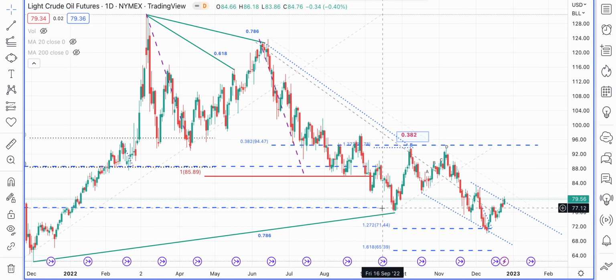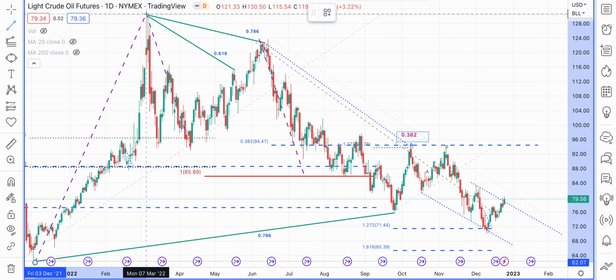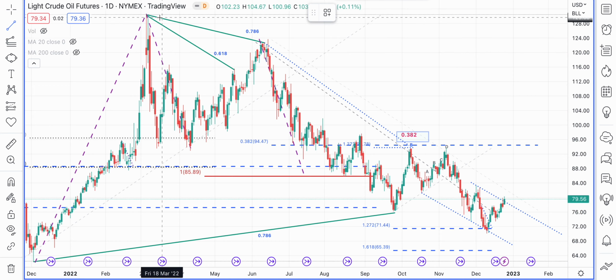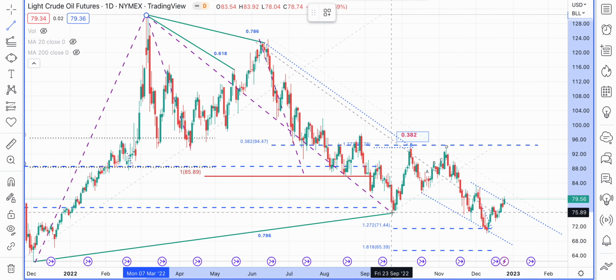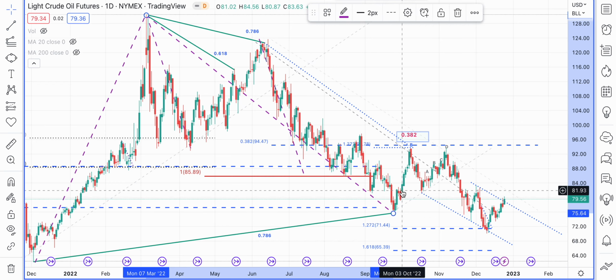So this one. Let me draw this. This entire decline move was here, and that's the 78.6%. So it actually went a little bit lower, but it found good support and it rallied for a couple of weeks.